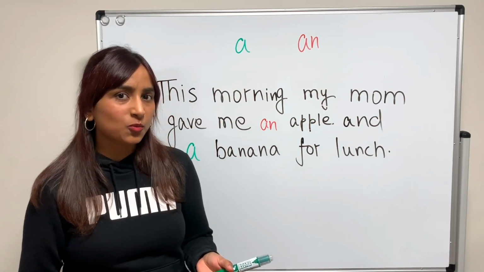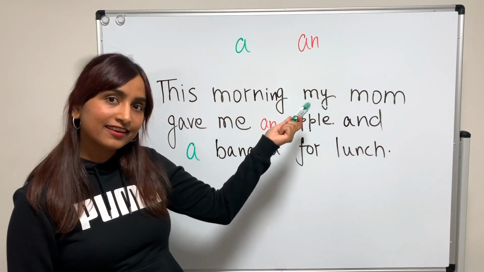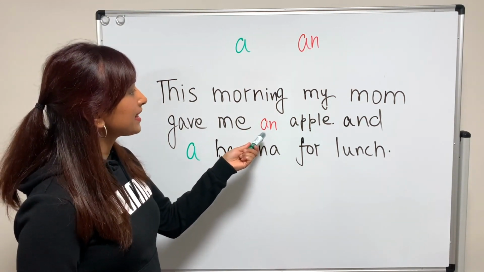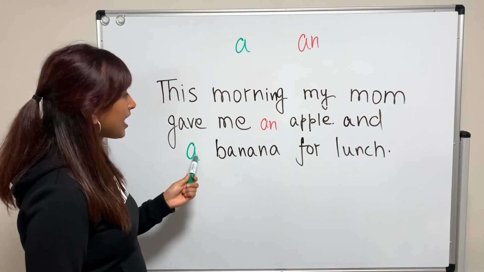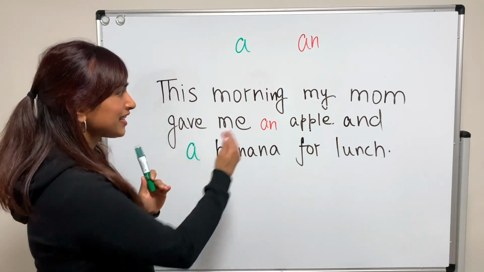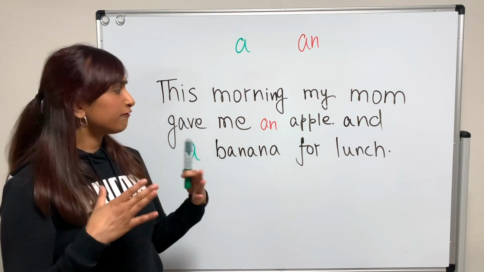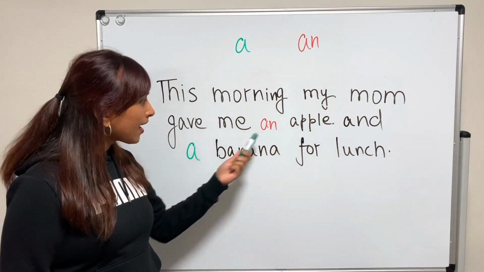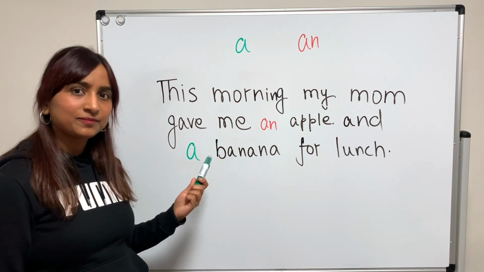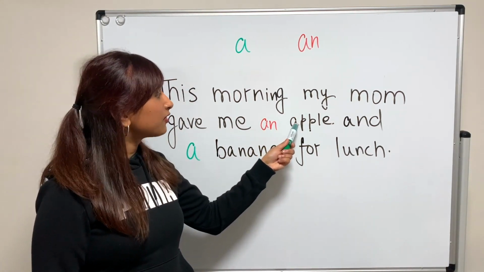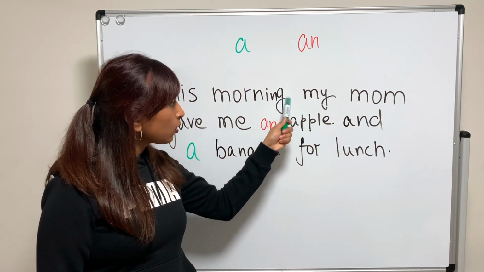What's the difference between a and an? Let's look at the same example again. Here I'm using an apple and here a banana. Now these are both countable nouns. They follow the same rule. Then why an and a here? Simple. It depends on the sound at the start of the word following the article.